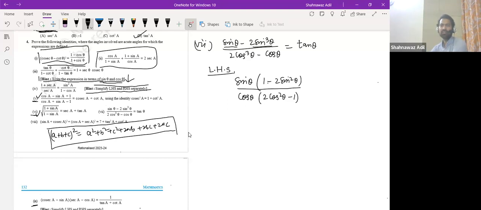In the RHS, what do we have? Tan theta. Can you see the first terms of the numerator and denominator? Sine theta by cos theta will give you what? Tan theta. Which means that what about these common terms?